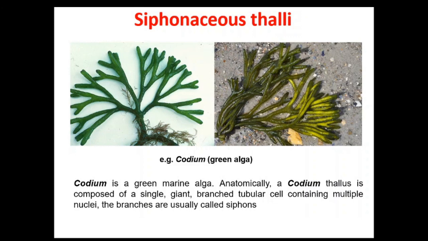So in siphonaceous forms we have discussed three examples. First is Vaucheria, from the yellow-green algae. Then Botrydium, also from the yellow-green algae, but it is unicellular. And the third is Codium, from the green algae, which has a characteristic fan-shaped appearance.